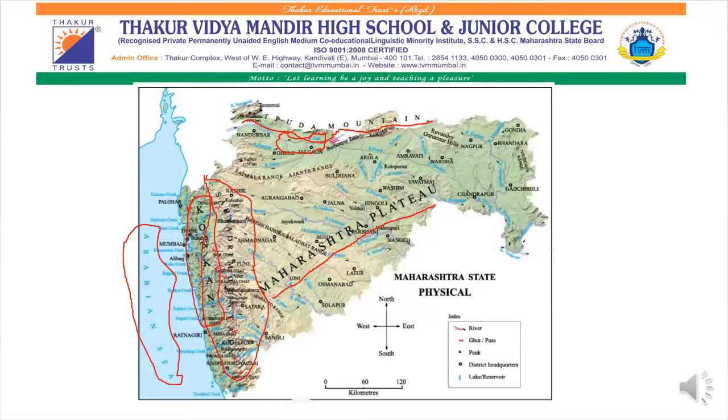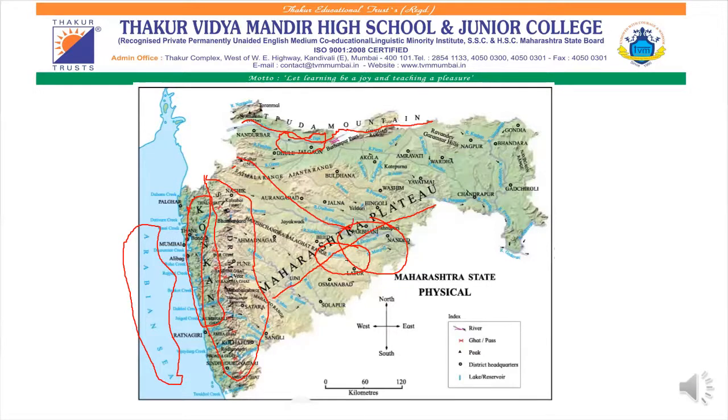Godavari, here you can see, and Bhima river. Near the Maharashtra plateau it is written here. Yes, it flows from northwest to southeast. This is the direction, northwest to southeast.